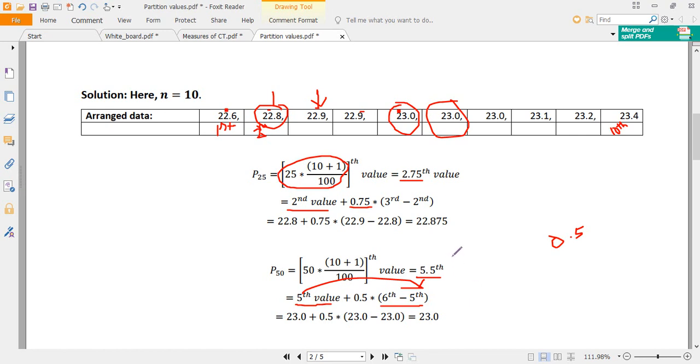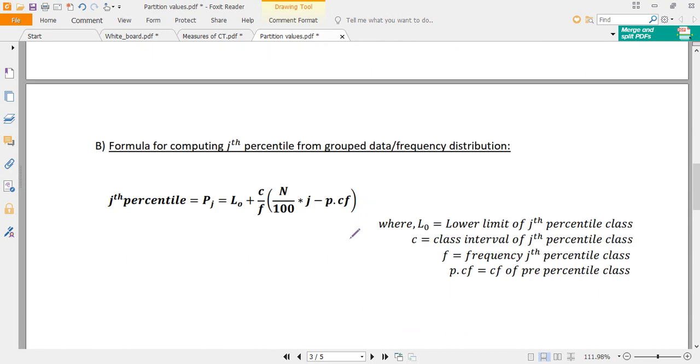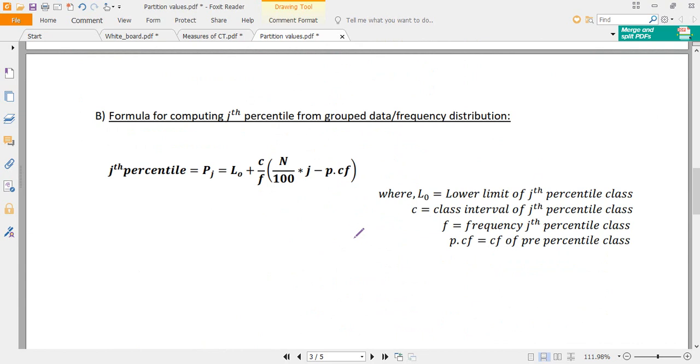So I think you will be able to compute any percentile from raw data. Okay. Next we go to grouped data. How do we compute the jth percentile from grouped data? If someone understands the formula of the median, then he or she can easily understand how to compute the jth percentile.